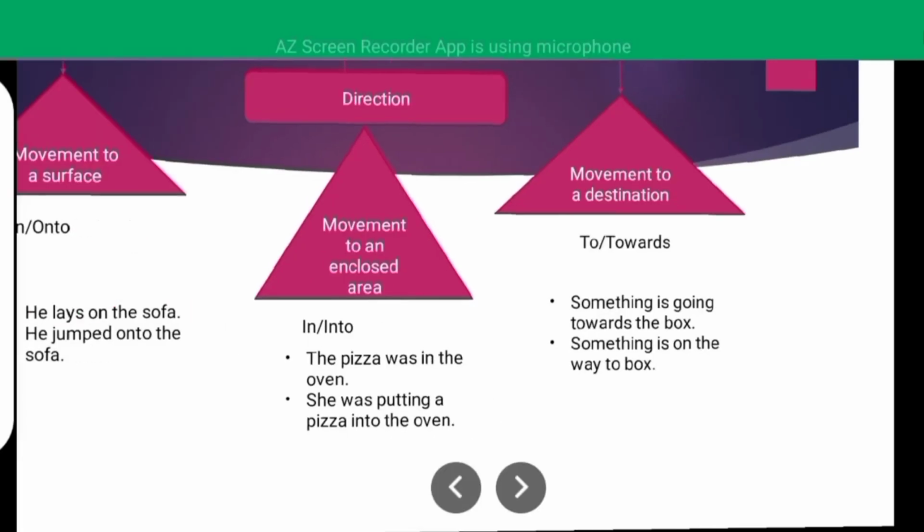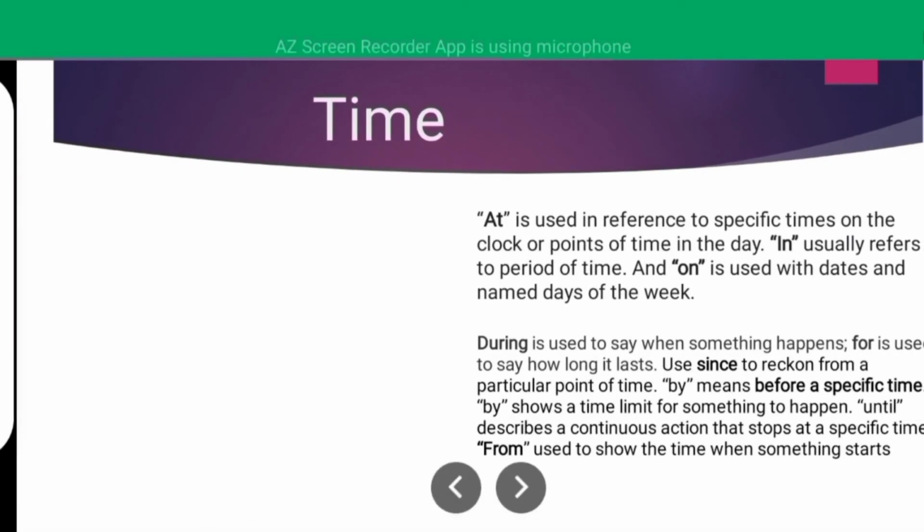Let's move toward the next preposition, that is preposition of time. Prepositions of time include at, in, on, during, for, since, before, by or from. At is used in reference to specific time on the clock or point of time in the day.